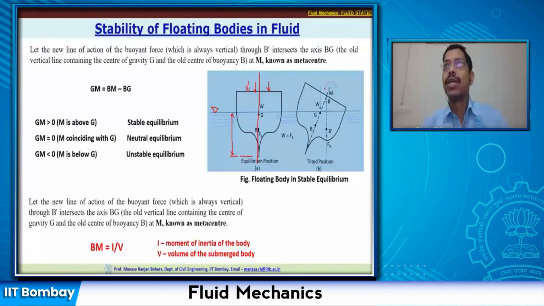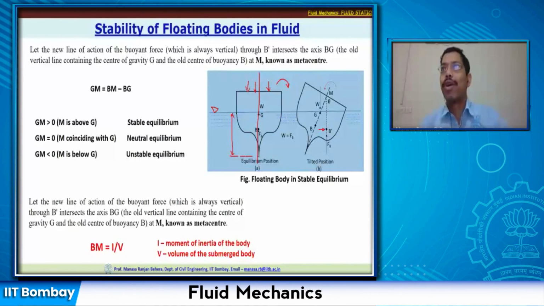So initial BG is shown here, and if the body is tilted in the clockwise direction, then your point B is going to shift rightwards, because you have larger mass or volume displaced on the right side, and less volume is displaced on the left side.